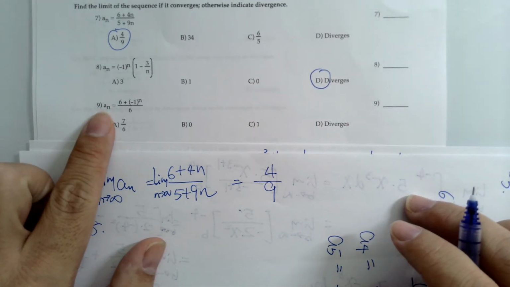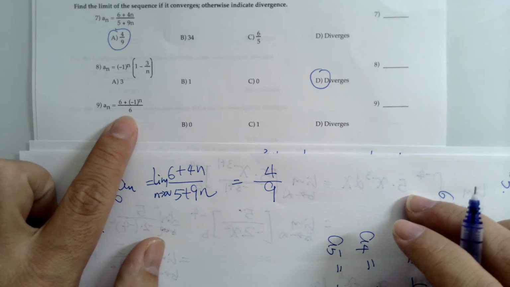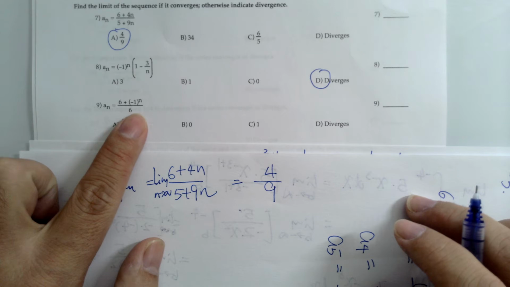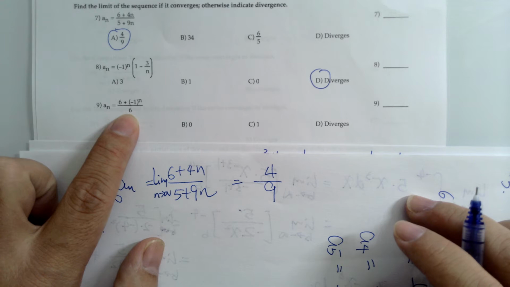Same logic for number 9. We have an equals 6 plus negative 1 to the power of n over 6. Assume n is an even number, so you're going to have 6 plus 1 over 6. However, if n is an odd number, you're going to have 6 minus 1 over 6.